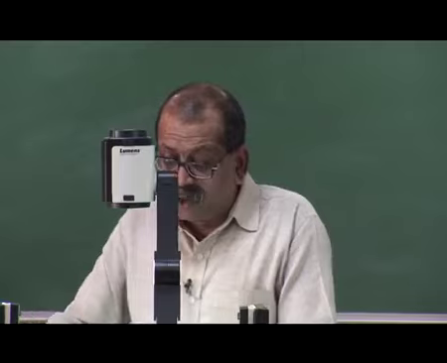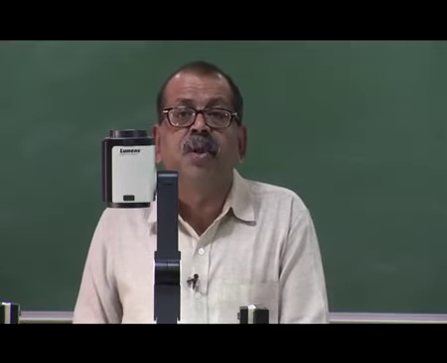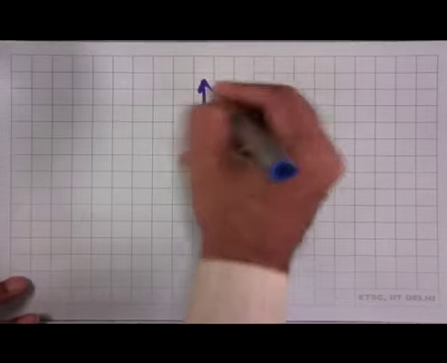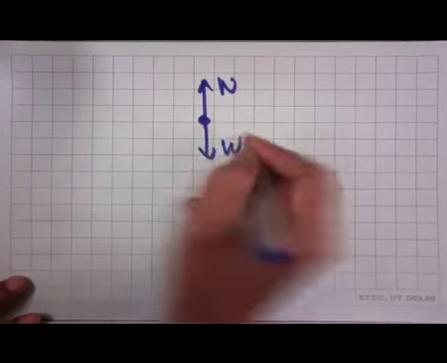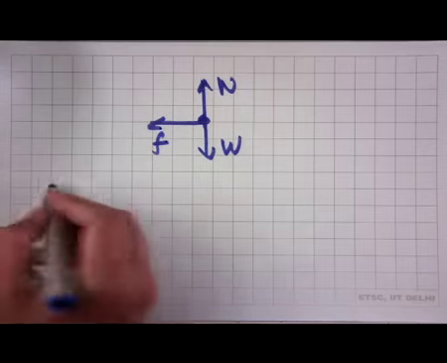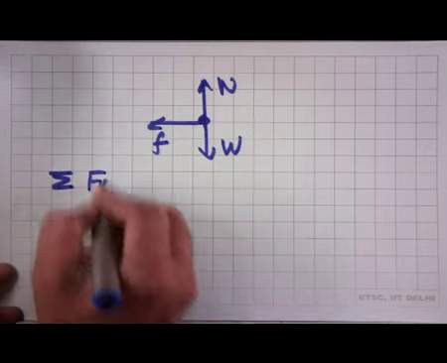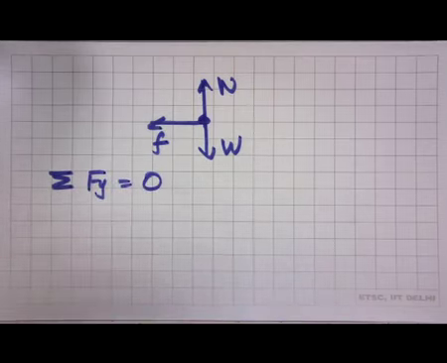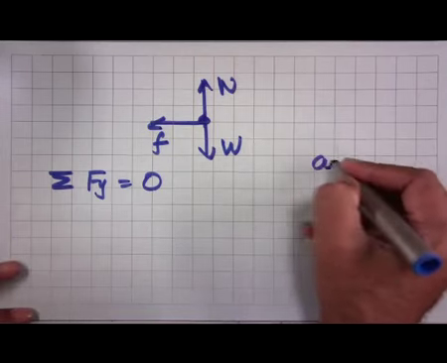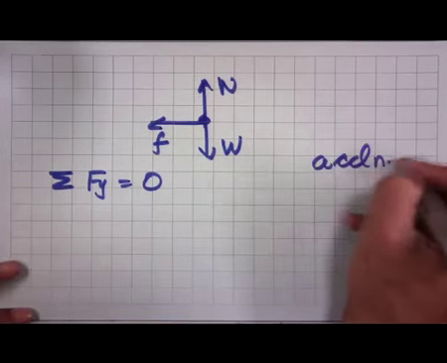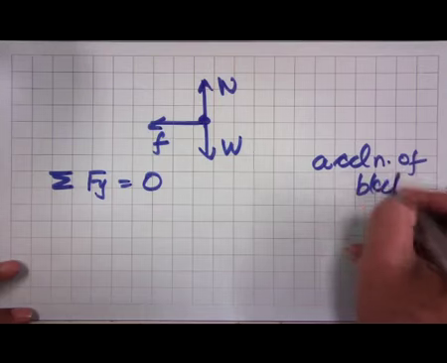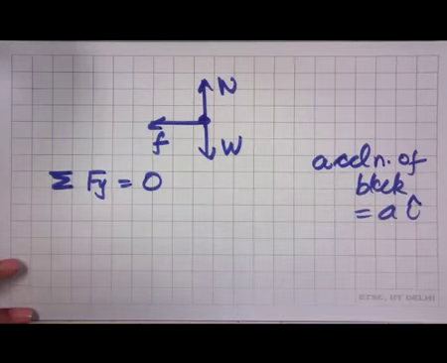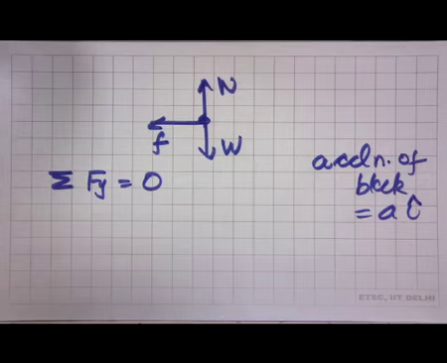Since everything is moving to the right, I show the friction force on the block in the left direction. So, this is my free body diagram with N, W, F, and then I put sigma Fy is equal to 0, as there is no acceleration of the block in y. In the x direction the acceleration is equal to a in the i direction, because it is moving to the right with an acceleration a, it is not slipping on the surface of the table.